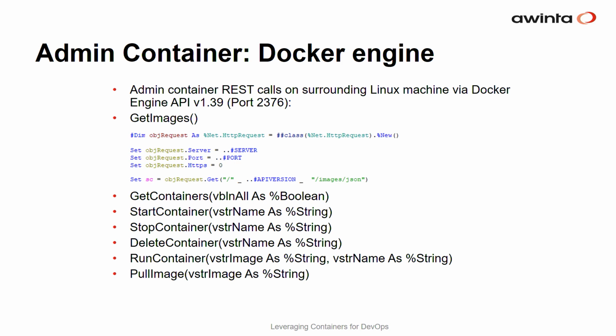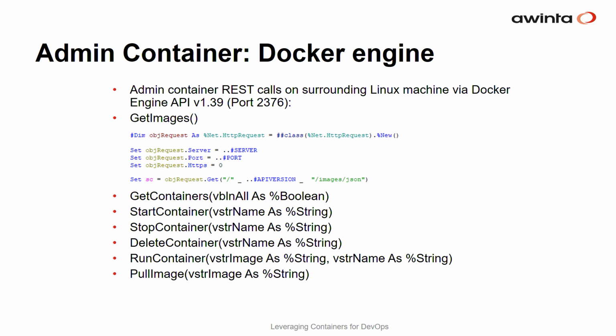This code is slightly more involved, but it's also possible. And we can further pull an image by specifying the IP address of the registry server. So these are all the features that are supported by Docker Engine API.